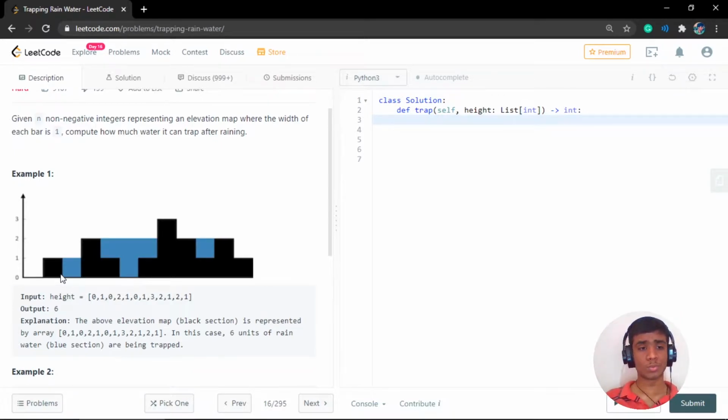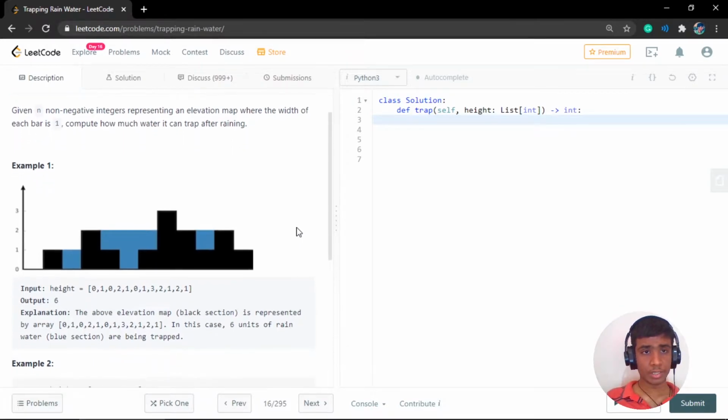So at index 1, according to this problem, there is a zero elevation, so there is nothing there. In the same way, at let's say index 3, there are 3 blocks of elevation, and consider that the water is falling from the top direction, and you have to measure what is the amount of water that is being trapped between this elevation map, right?